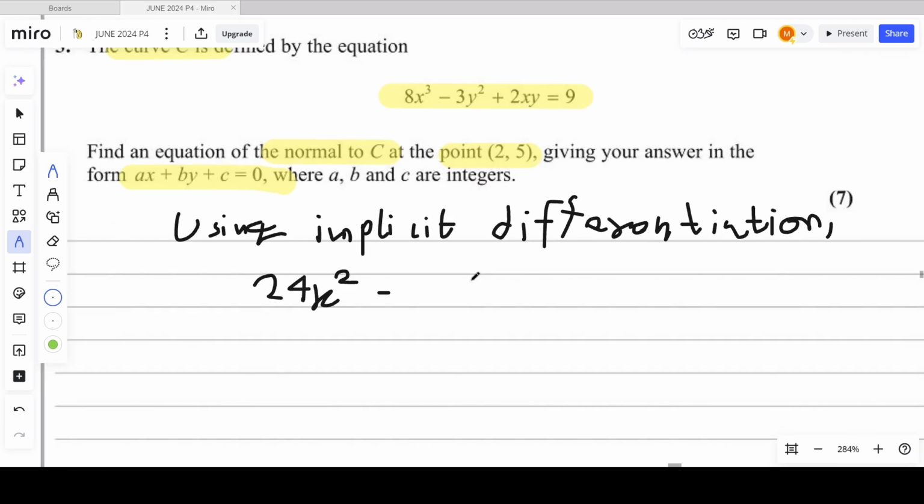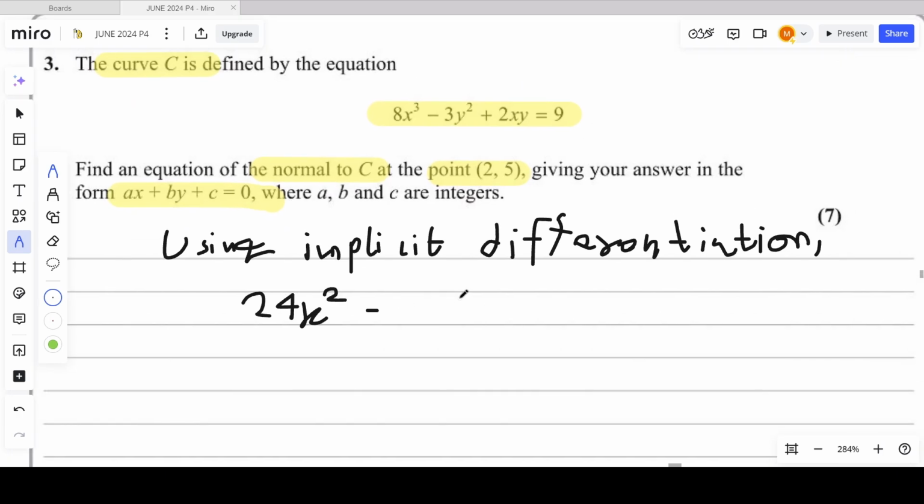Now the main point comes out. 3y squared. The previous term was x, but now it is y squared, a different variable. When you differentiate a variable other than x, differentiate as you did for x, but you need to do one extra thing.